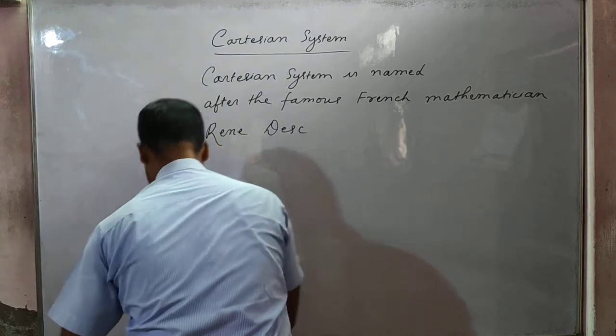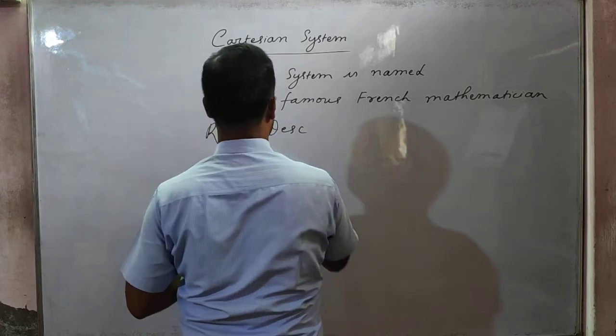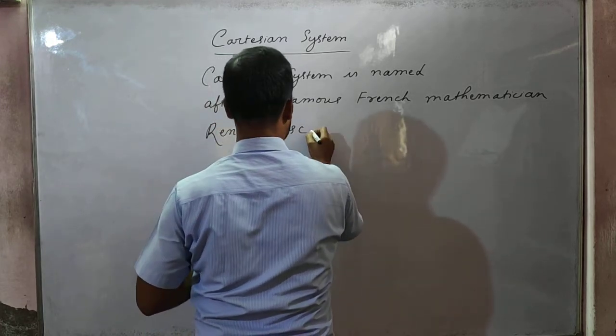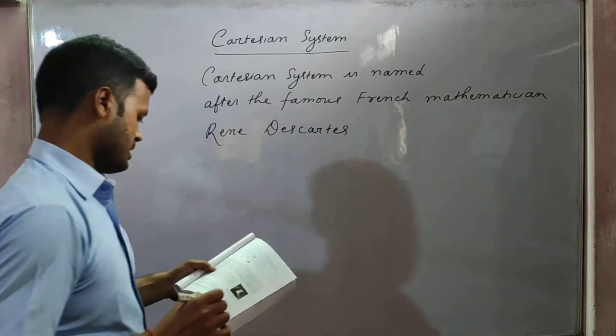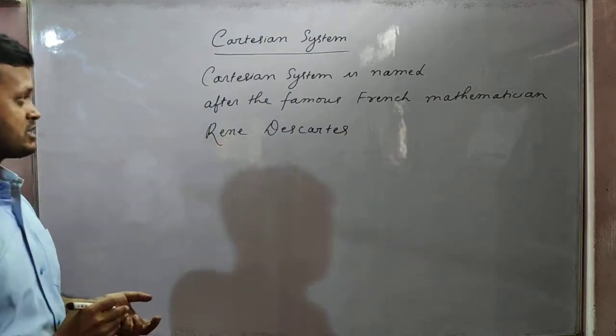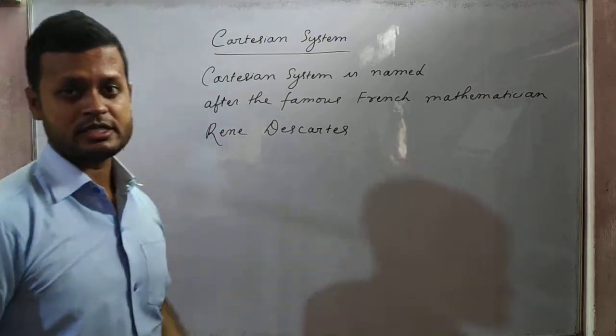Okay, the name is René Descartes, the famous French mathematician. He only found out this Cartesian system.